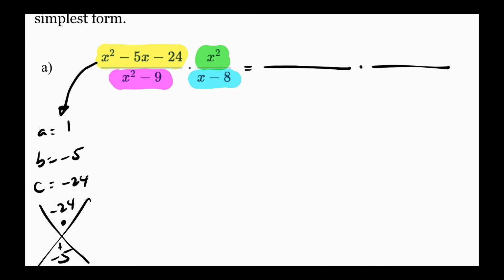So what are the 2 numbers that multiply to be -24 and add to -5? -8 and +3? Yep. Multiply to be -24, add to be -5. So let's go back up here in the yellow spot. In its place, I'm going to write x minus 8 and x plus 3. That's the factored form.